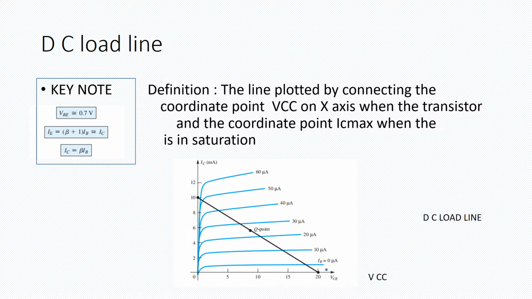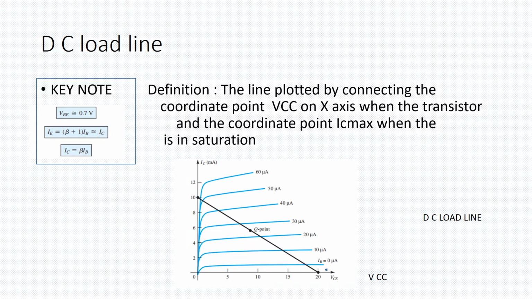Whatever DC load line you are plotting, we have to do the DC analysis based on the saturation region. So we assume that our common emitter configuration is in the saturation region, and we find out the maximum current that can be drawn by the device in the saturation region, and the maximum voltage at which it can operate.